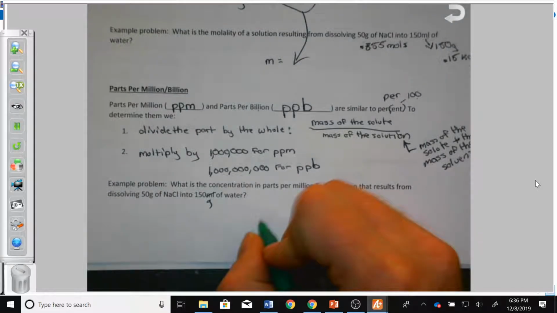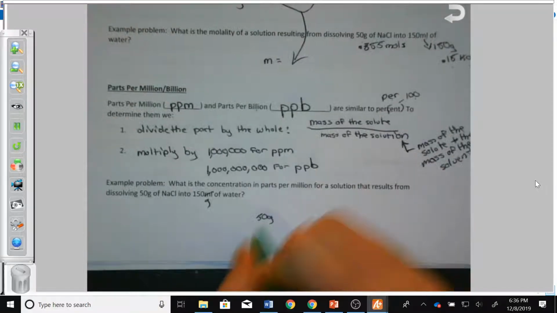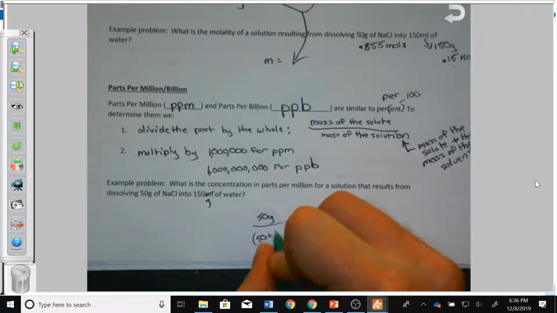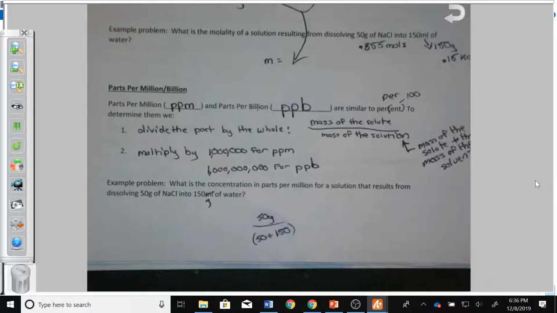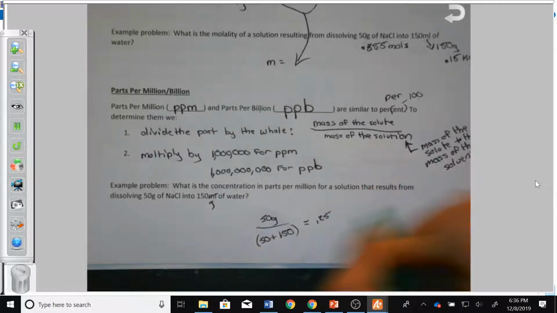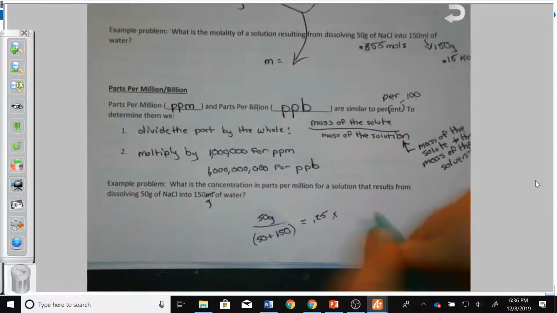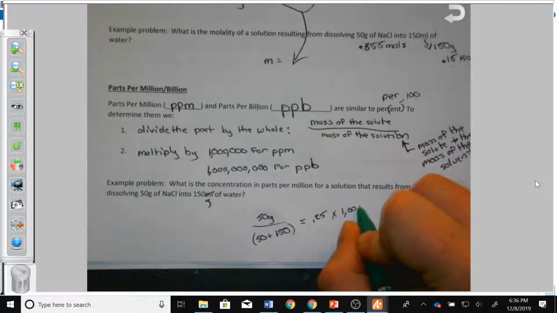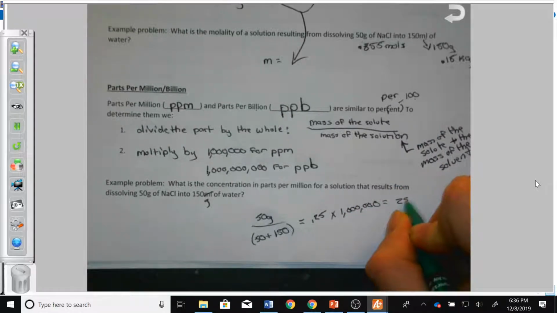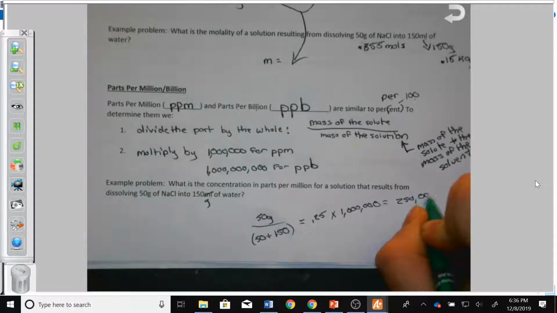And so I've got my 50 grams of my solute, and I've got in the bottom my 50 grams of my solute plus my 150 grams of my solvent, and I'm going to end up with 50 divided by 200, or 0.25, and 0.25 times 1 million equals 250,000.